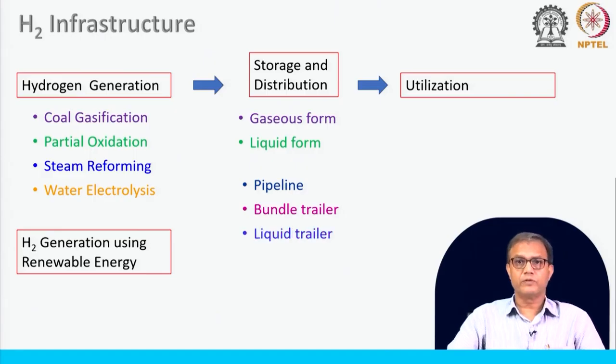The other option is storing the liquid in a container, like you have seen on the highway, when you are passing by, a liquid nitrogen container in a truck, or liquid oxygen being transported. Similarly, from the point of generation of hydrogen, where it will be liquefied, it will be transferred to the point of use.